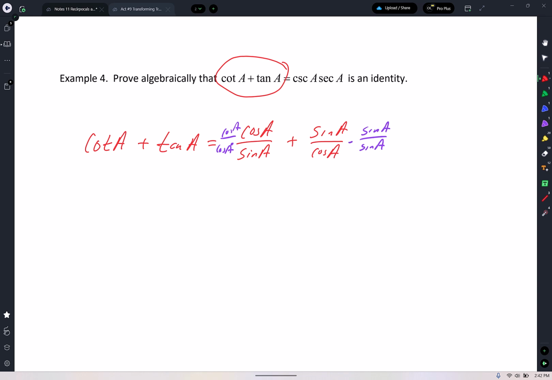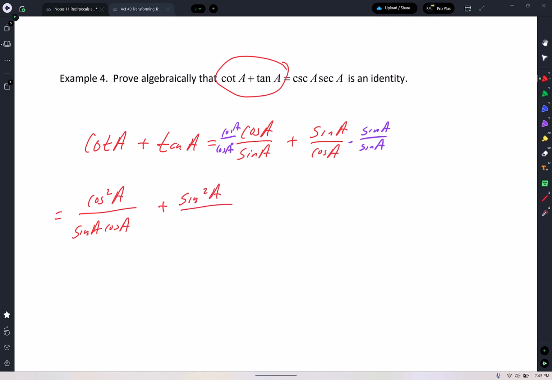All right, here we go. I'm going slow. What is cosine A times cosine A? Cosine squared A over, and in the bottom, I'm going to write sine A cosine A, plus, what is sine A times sine A?